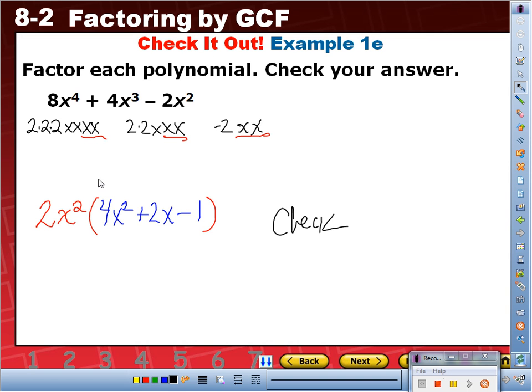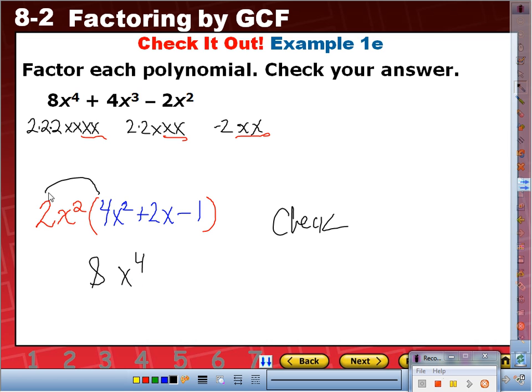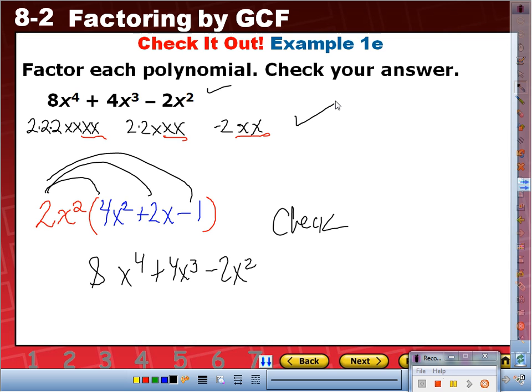Distribute. This is 8x to the 4th plus 4x cubed minus 2x squared. Is that the same as this? Yes. Once again, if you don't see it, what are you going to do? Factor out. When in doubt, factor out.